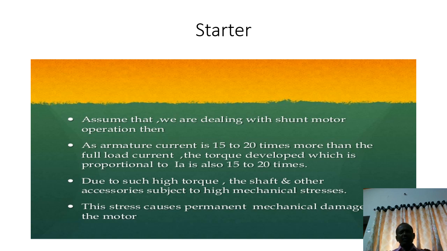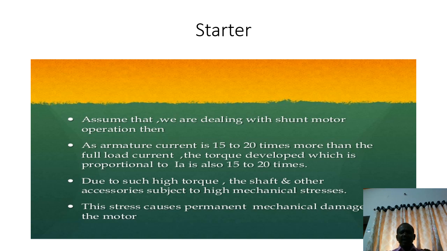So from this point of view, you can assume we are dealing with a DC shunt motor operation, where the armature current is 15 to 20 times more than the load current. In the case of a DC motor, the torque developed is proportional to the armature current, because the armature torque TA is directly proportional to IA, so the torque is also 15 times higher.